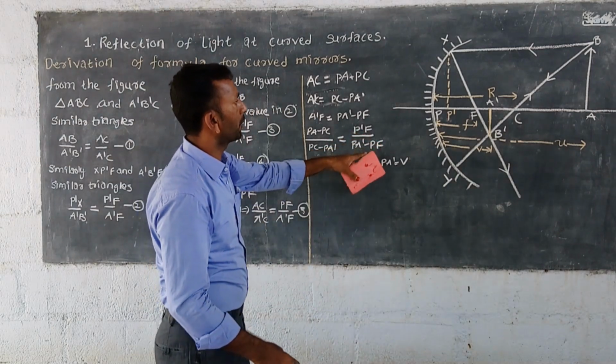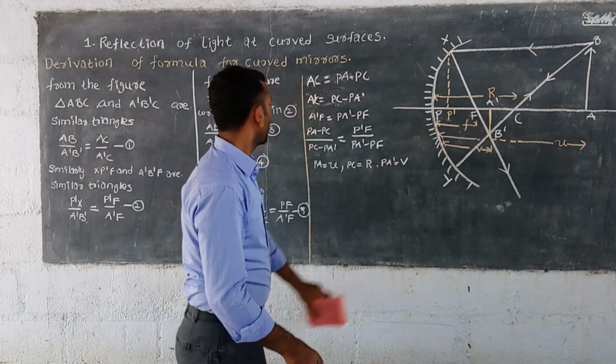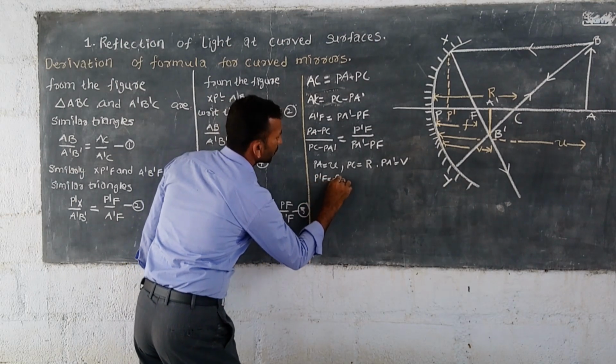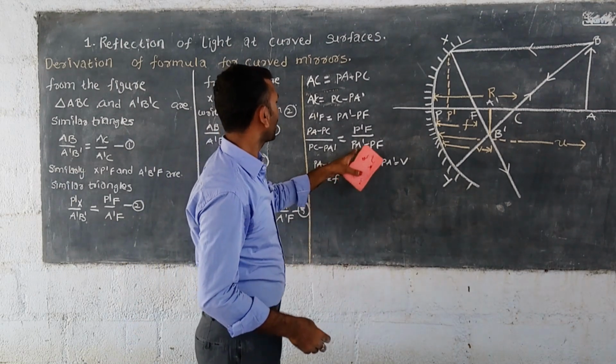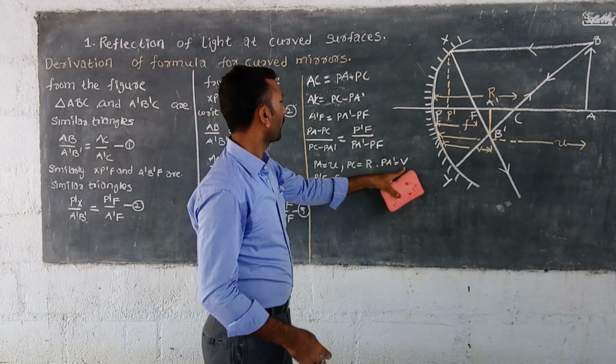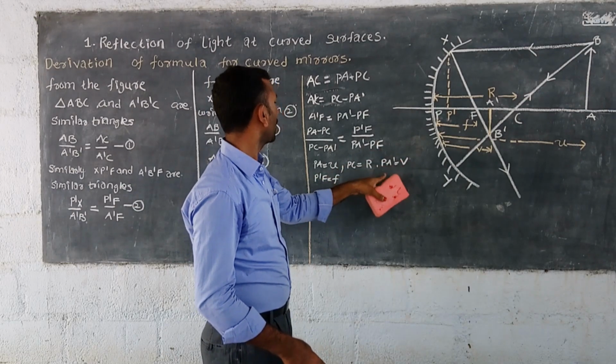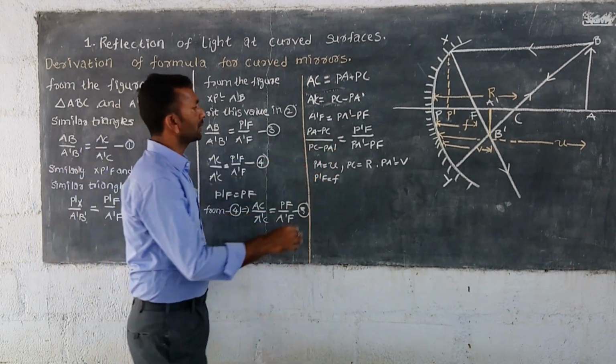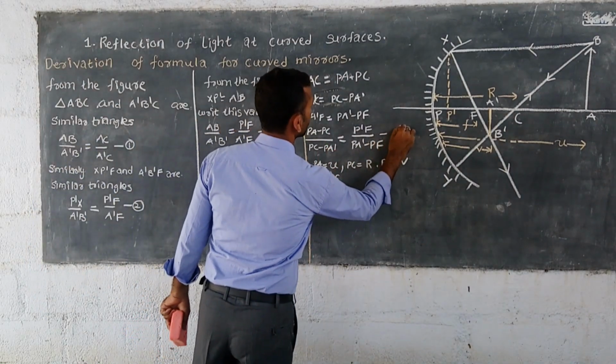P dash F equals small f. PF we have already written, no problem about that. Substitute all these values in equation 6.